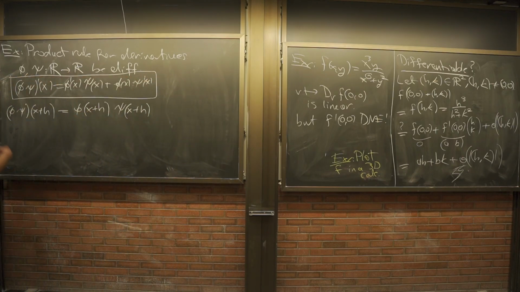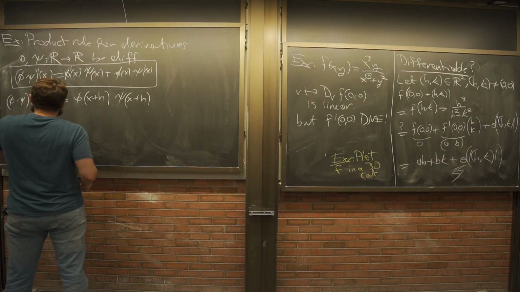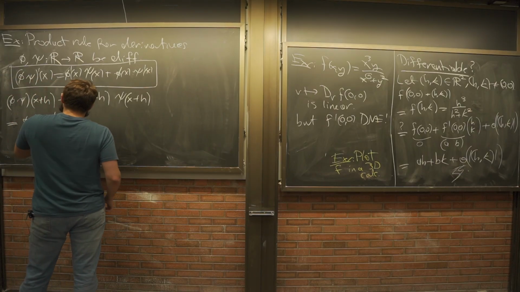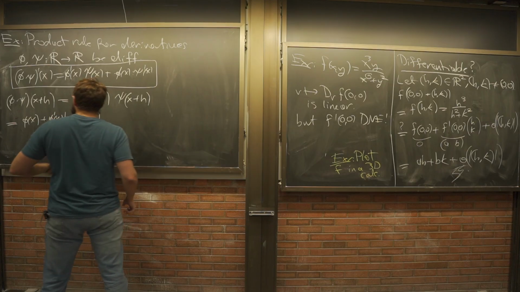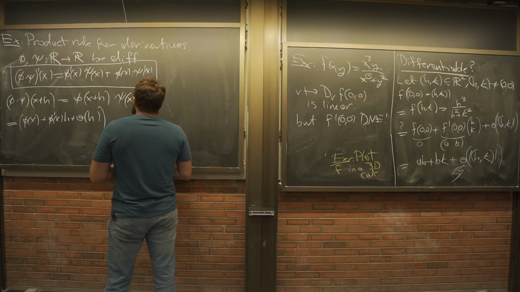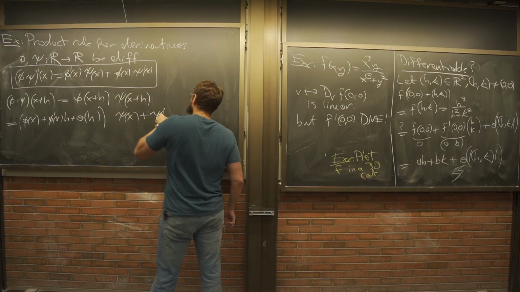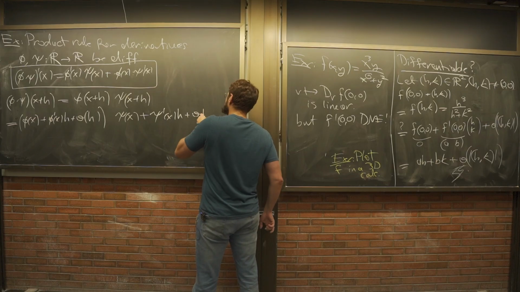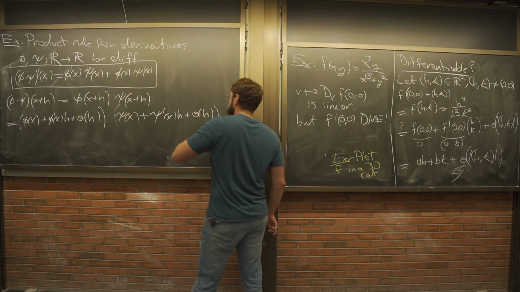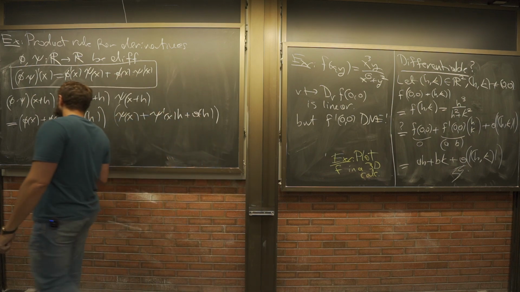But I know that phi and psi are differentiable, so I can approximate both of them separately. That's the approximation for this guy. And the approximation for this guy is like this.